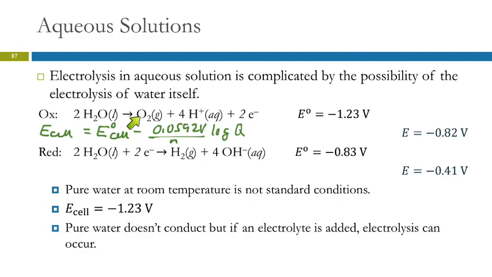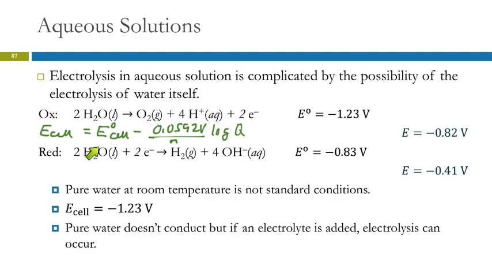We'll put in 1 for the oxygen, because we can do that at 1 atmosphere without an issue. We don't have to do concentration for water because it's liquid. So it's going to be that 10 to the minus 7 to the 4th power times 1, and that's going to be Q. So it's actually 10 to the minus 28. So you do that, and you end up with the actual potential being minus 0.82 volts instead of minus 1.23 volts.